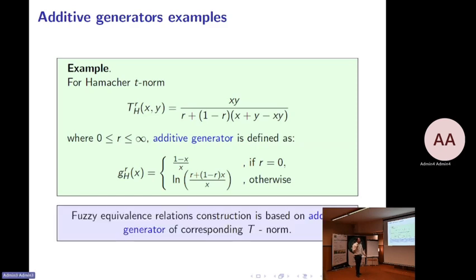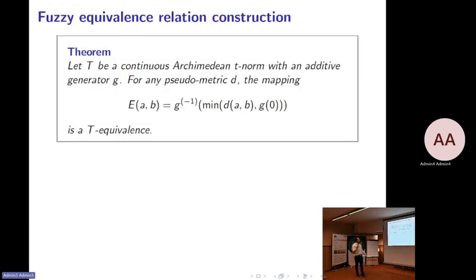And now how exactly will we construct the similarity measure? To construct the similarity measure, we will use the following theorem: for any pseudometric, this mapping is a T-equivalence. The theorem can be proven using the definition of T-equivalence. We are checking this mapping for reflexivity, symmetry, and transitivity.